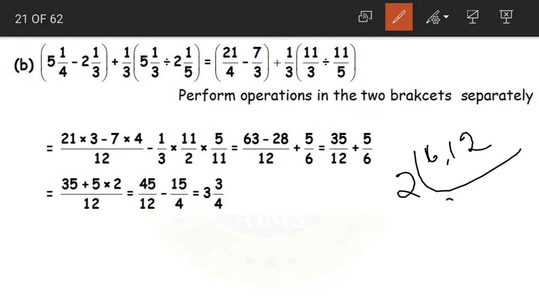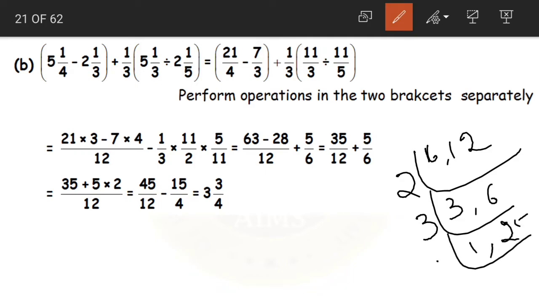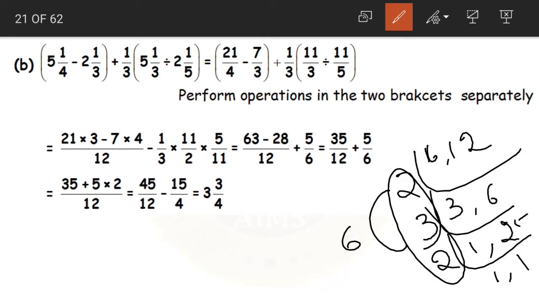Now we know that 2 3s are 6 and 2 6s are 12. Now coming to the prime number 3: 3 1s are 3 and 3 2s are 6. We have 2 here which is divisible by the prime number 2: 1 as it is and 2 1s are 2. What is the LCM, students? The LCM is 2 into 3 into 2. 2 3s are 6, 6 2s are 12. The LCM is 12.